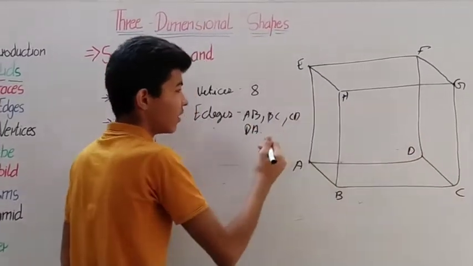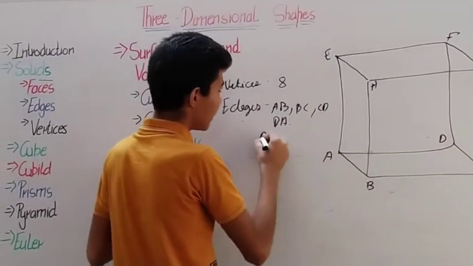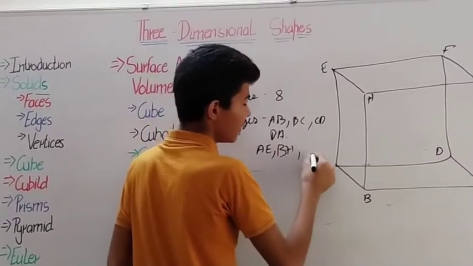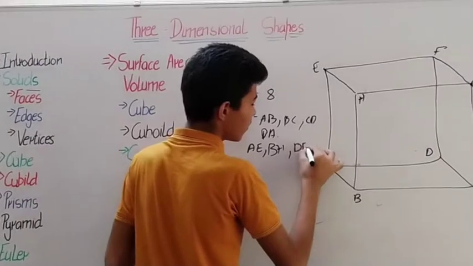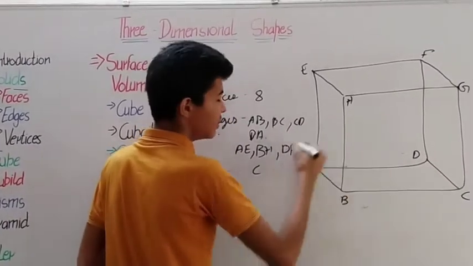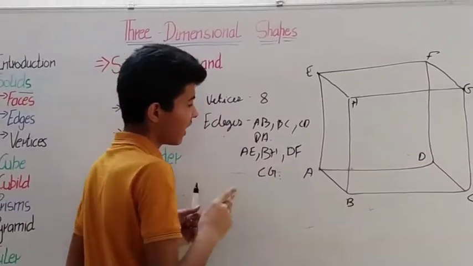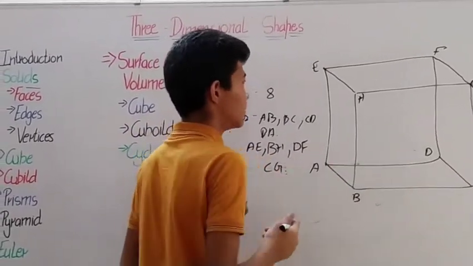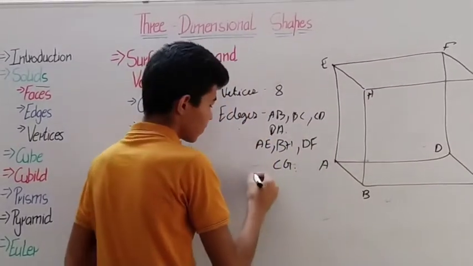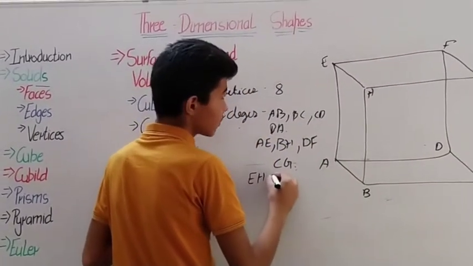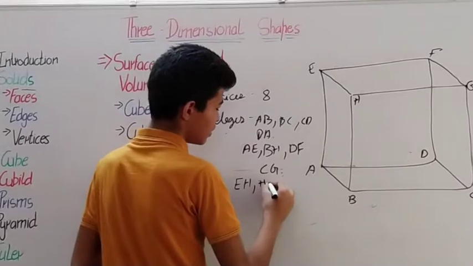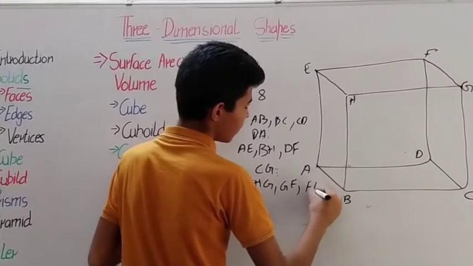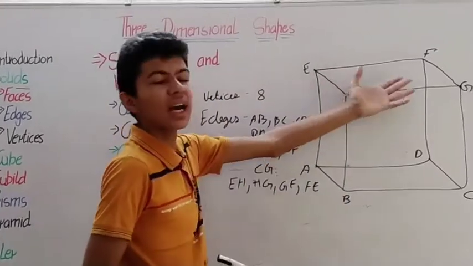In the middle layer, we have AE, BH, DF, and CG. On the top we have EH, then HG, then GF, and FE. So these are the edges.